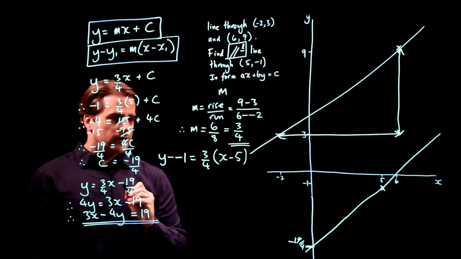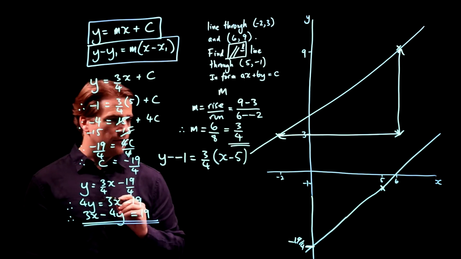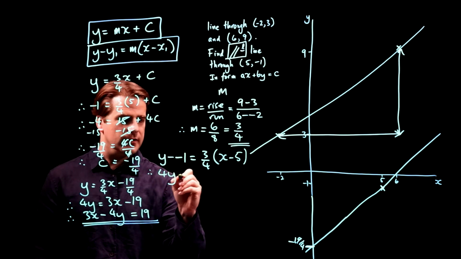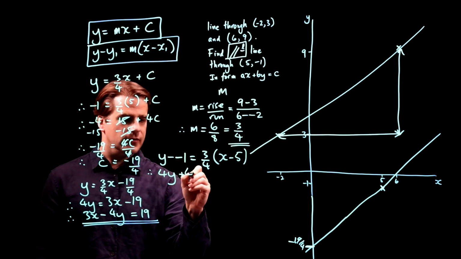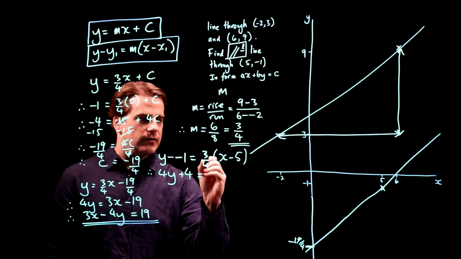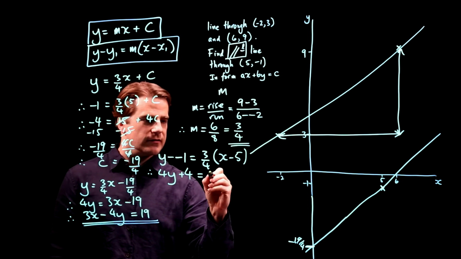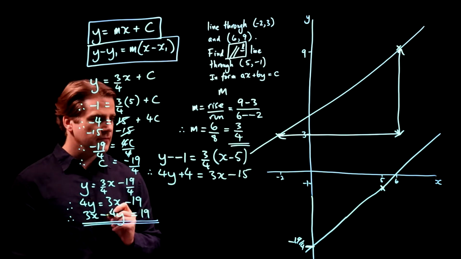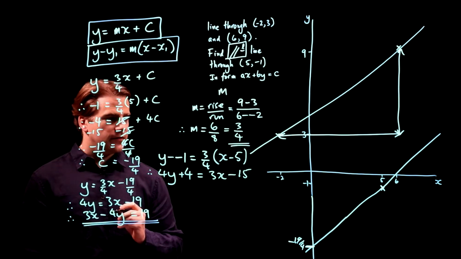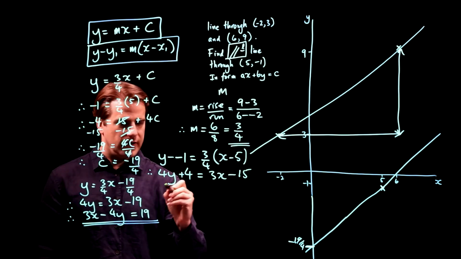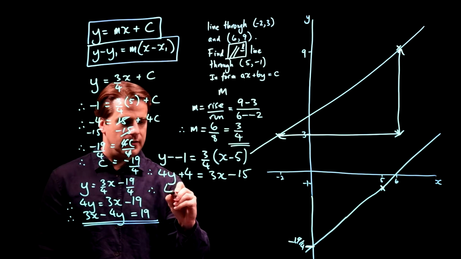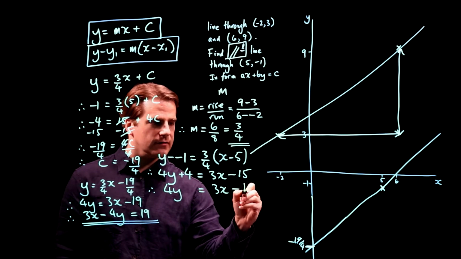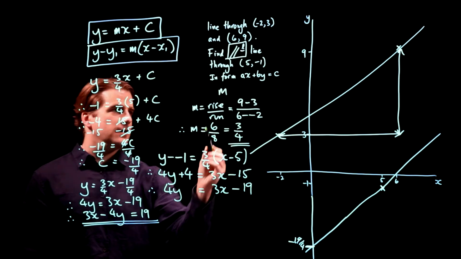That's the same as y plus 1. So multiply everything by 4 to get that off the bottom. So we get 4y plus 1 times 4 is 4 equals, so that's gone now, 3 times x is 3x, 3 times -5 is -15. So bring the 4 over here, we're subtracting 4 from both sides, get 4y equals 3x minus 19, and put it in this form again.